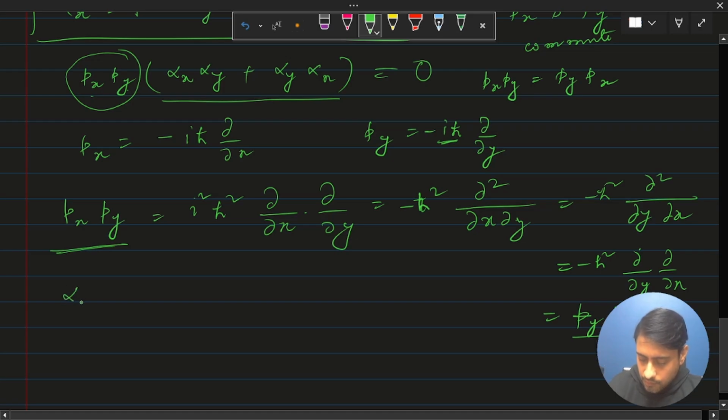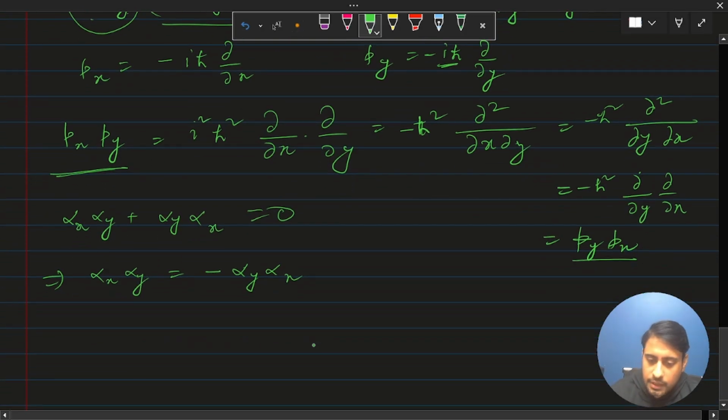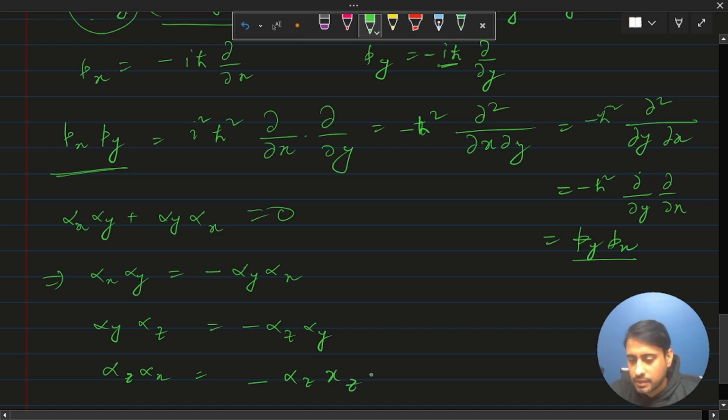So obviously alpha x alpha y plus alpha y alpha x should be 0. So we have alpha x alpha y equals minus alpha y alpha x. In a similar manner we can write alpha y alpha z equals minus alpha z alpha y, and alpha z alpha x equals minus alpha x alpha z. So we can write these expressions.